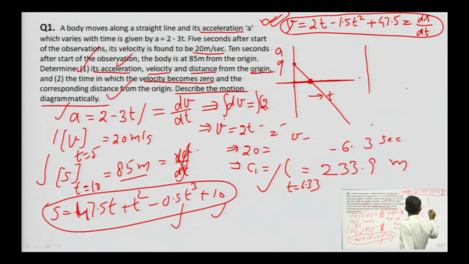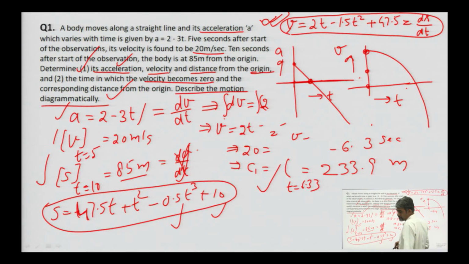Similarly, for V, 2t minus this. At time t equal to 0, velocity is 47.5, and further it is going to decrease. So, you will get the plot like this.